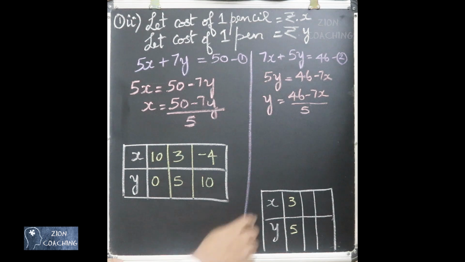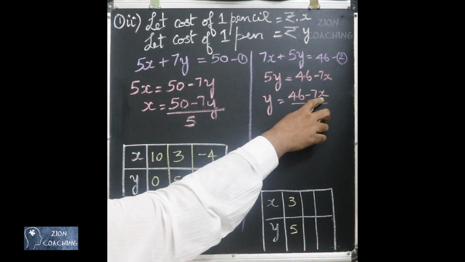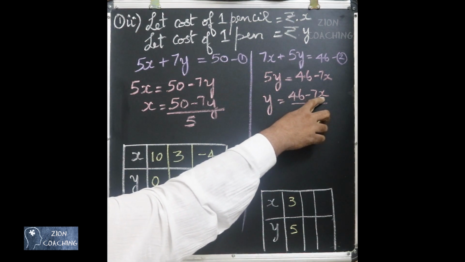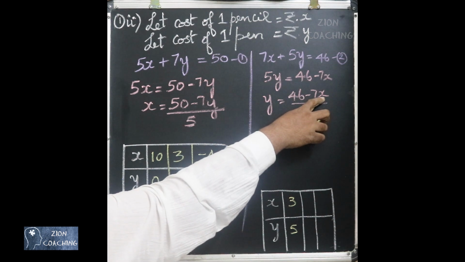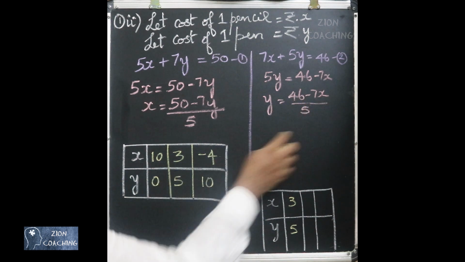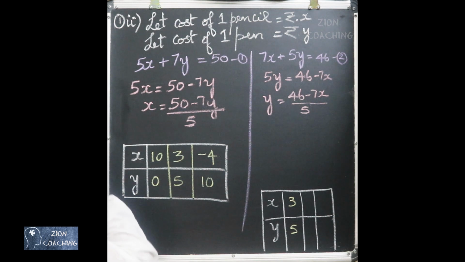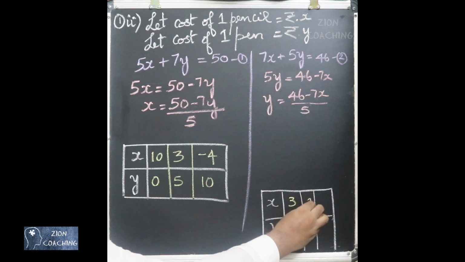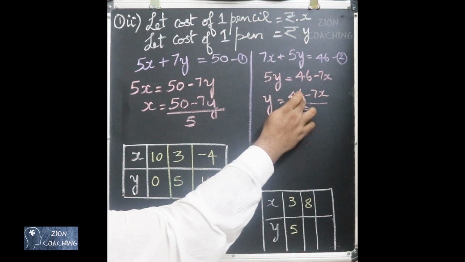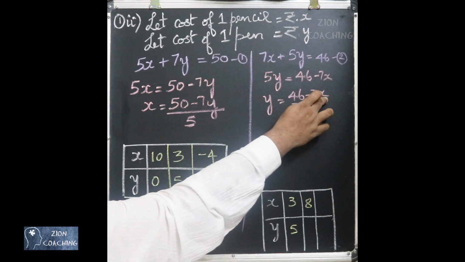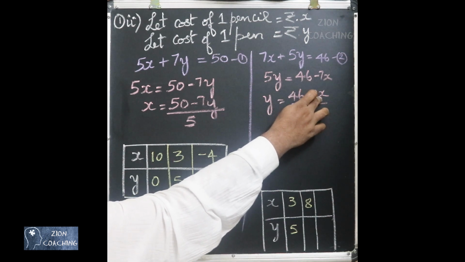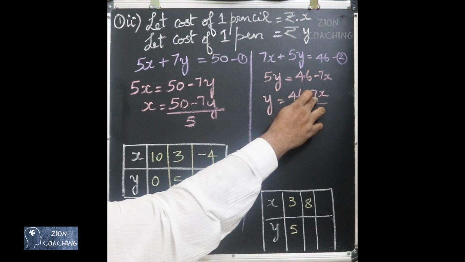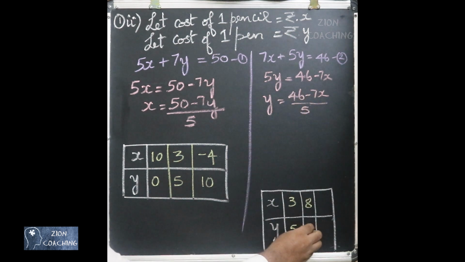Then when you give 4, not possible, 5 not possible, 6 not possible, 7 not possible. Then you go for 8. When you give 8, 46 minus 7 8s are 56. So 46 minus 56 is going to be minus 10. Minus 10 divided by 5 is minus 2.